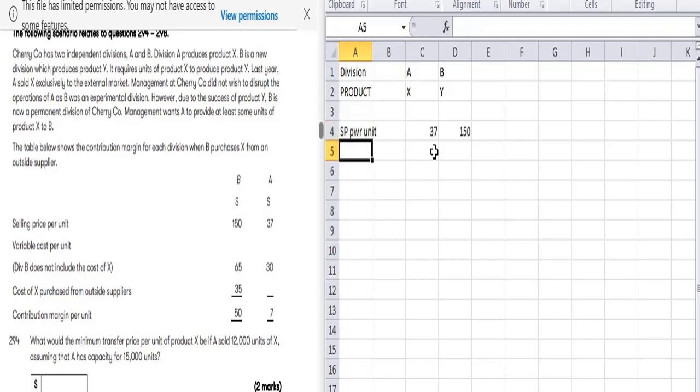The variable cost per unit for product X is 30, and for product Y is 65.